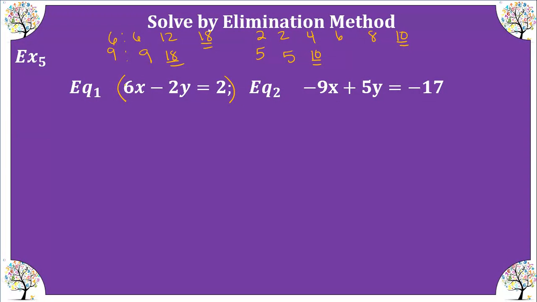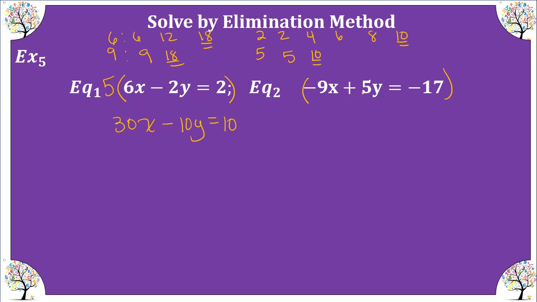So I'm going to multiply the first one simply by positive 5 because my signs are good. I have a negative here and a positive here. I'm just trying to change this value here to a 10. So I'm going to multiply through by 5. I get 30x minus 10y equals 10.